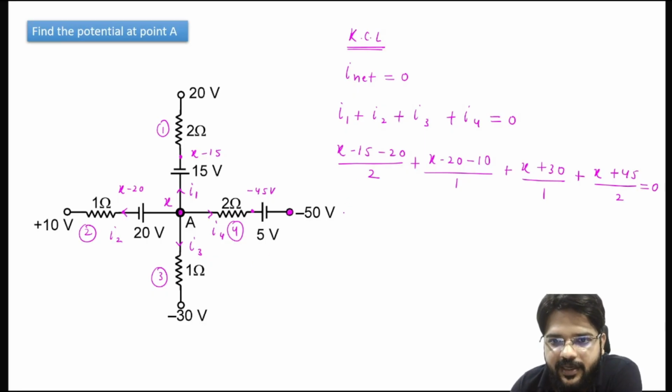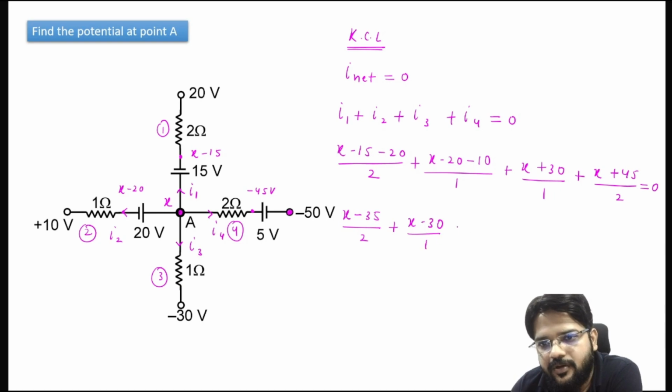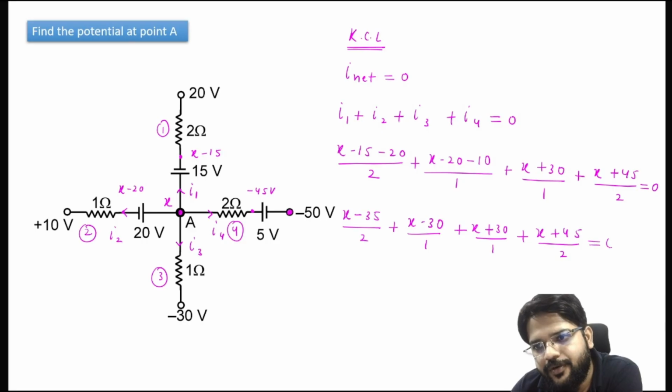Now the next thing: X minus 50 minus 20, it is minus 35, divided by 2, plus X minus 30 divided by 1, plus X plus 30 divided by 1, plus X plus 45 by 2, equal to 0. Now multiply with 2.